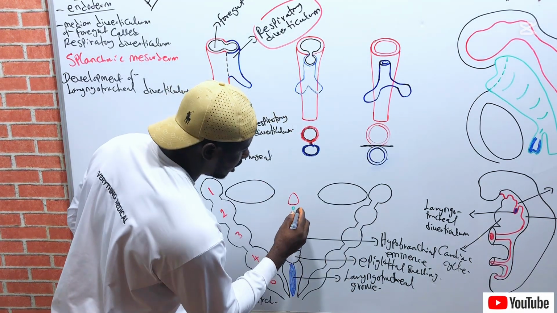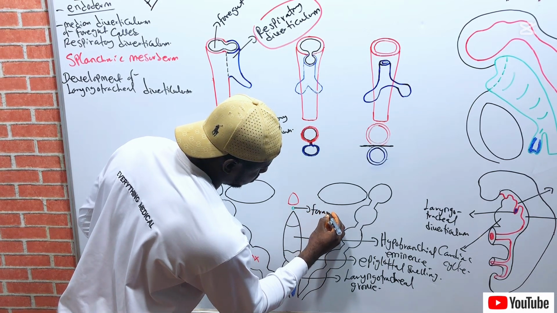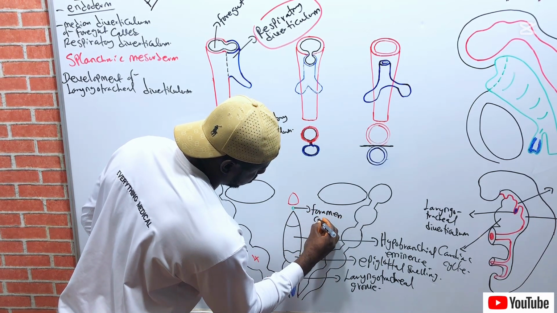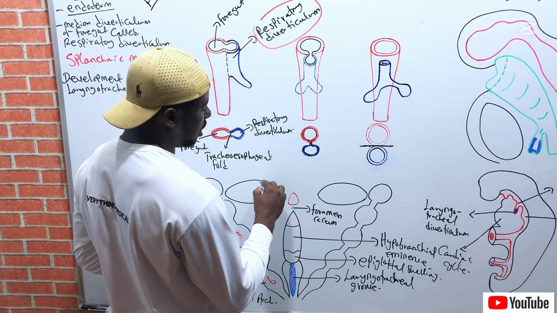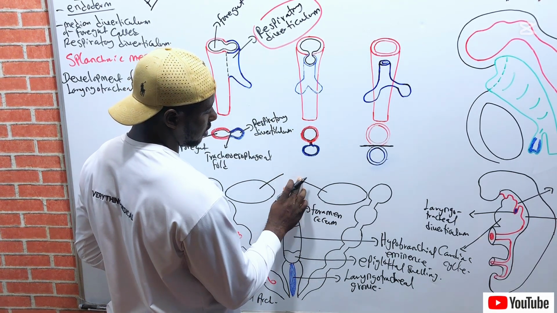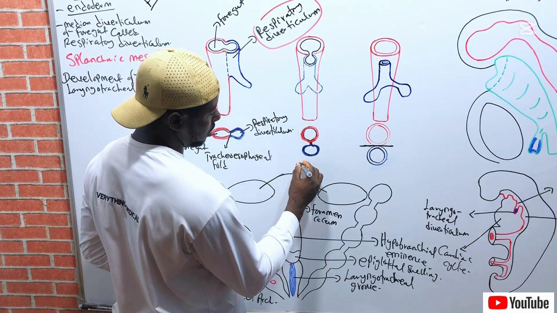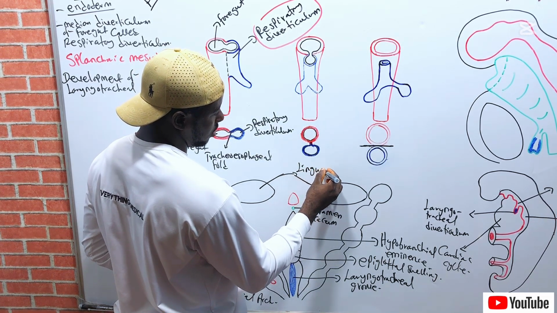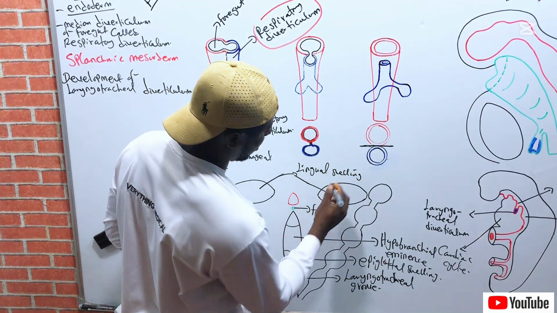So this is what we call foramen caecum. These are the 2 lingual swellings.